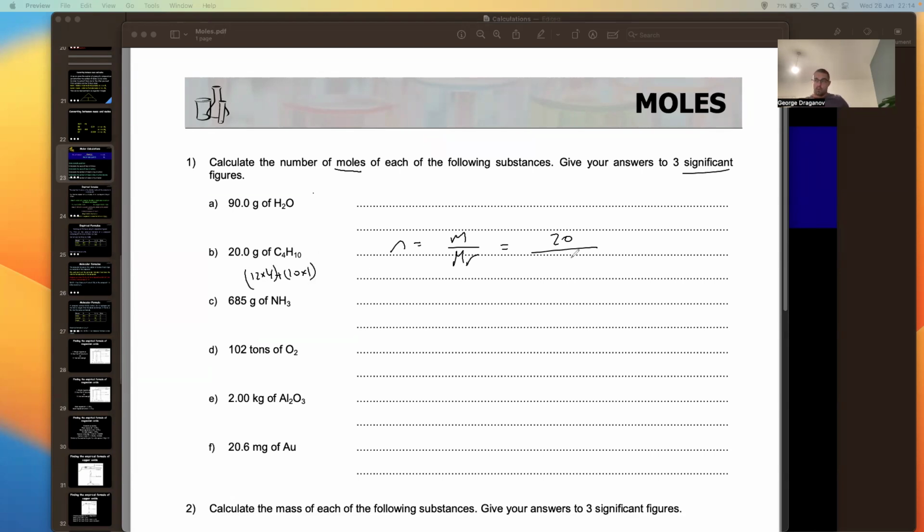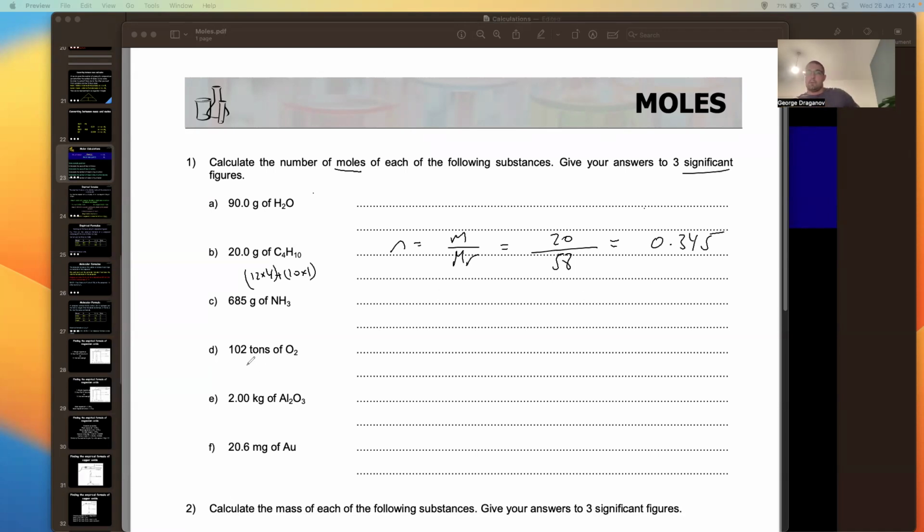So you get 48 plus 10, which is 58. And then the answer would be 20 divided by 58. So 20 over 58 would equal 0.345. And then that's done.